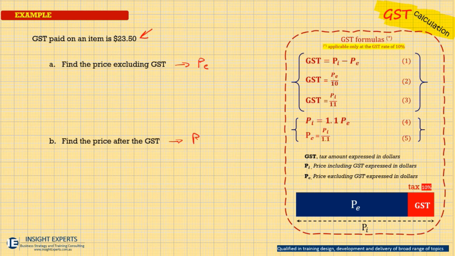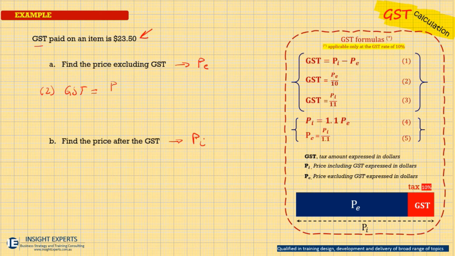With that in mind, if I multiply 10 by $23.50, I will get $235, which is the price before GST. Find the price after GST.